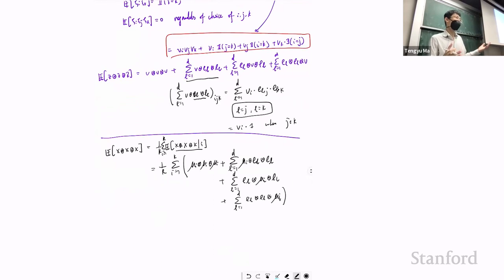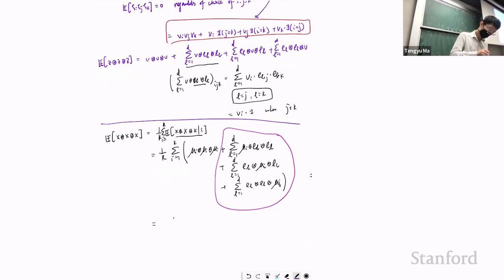It's still a little bit messy. So what you do is get rid of all of these terms by using the first moment of x. First you reorganize a little bit. You get this somewhat cleanly looking term, mu_i tensor mu_i tensor mu_i, and then you switch the 1 over k with the two sums.